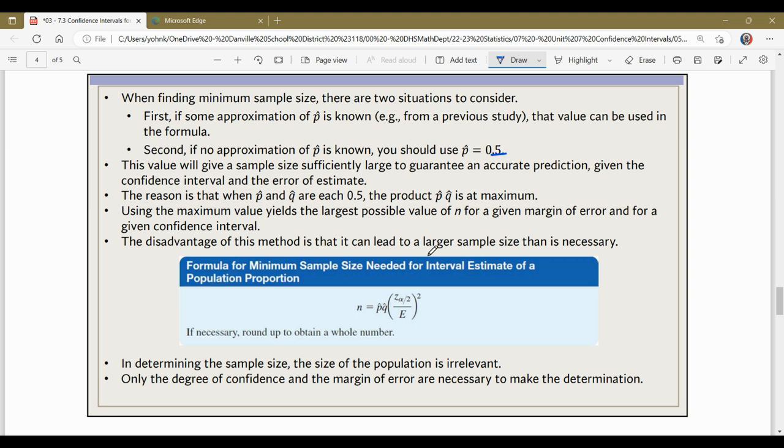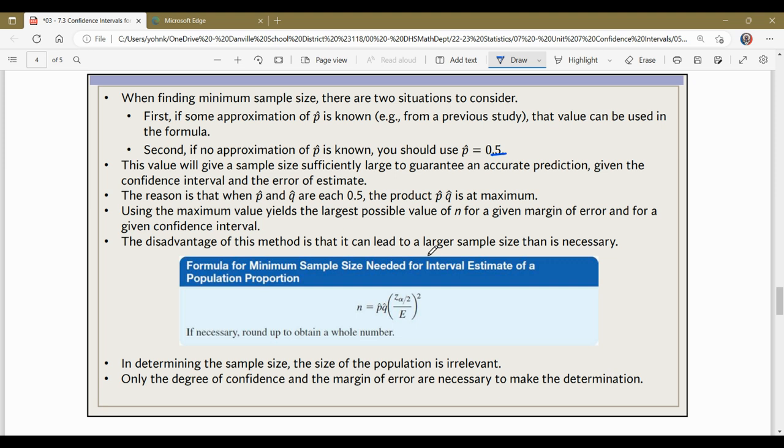The reason for using that 0.5 is because when p hat and q hat are each 0.5, the product p hat q hat is at a maximum, which means that you'll get the best results of trying to estimate what this sample size should be.